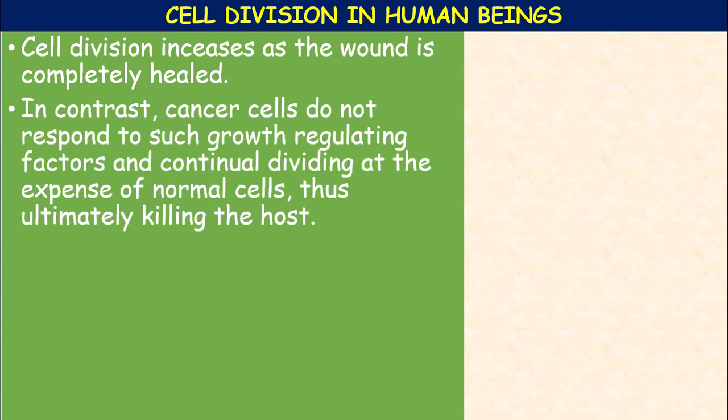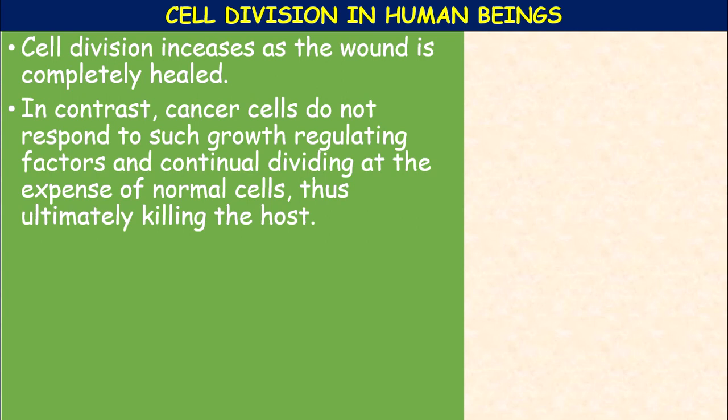In contrast, this is a highly controlled, regulated process. If it loses its regulation, then what happens? Cells produce cancer.